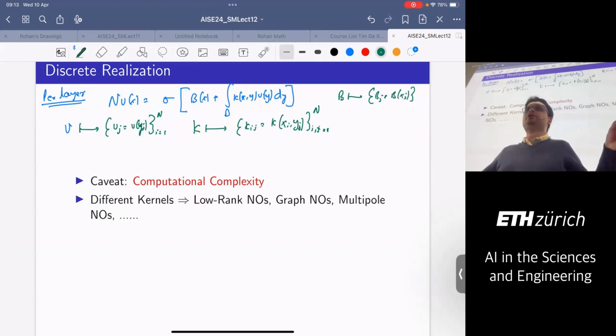So we have replaced the functions by these discrete vectors, and we'll replace the integral with a quadrature.